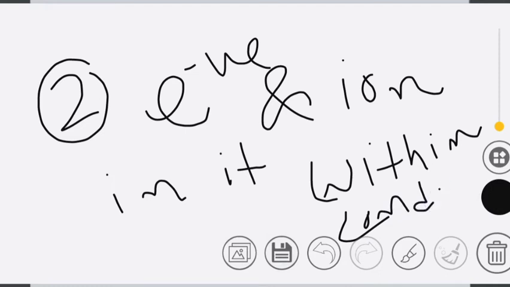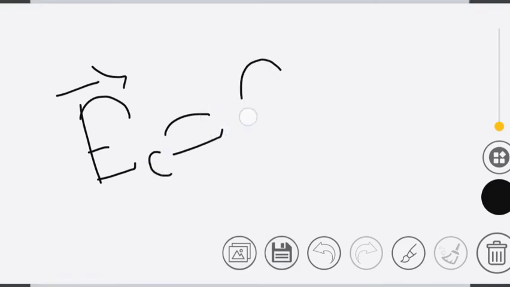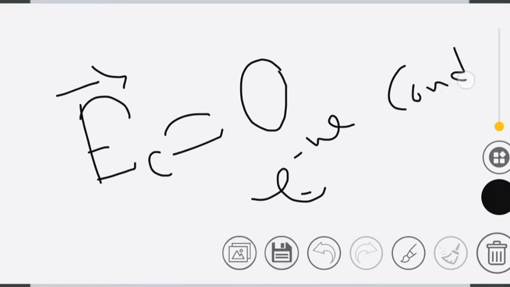Clear? Next, the electric field. I denote the electric field with E. The electric field of a conductor is 0. Clear? That's why the electrons flow within a conductor. Up to here clear? Very good.